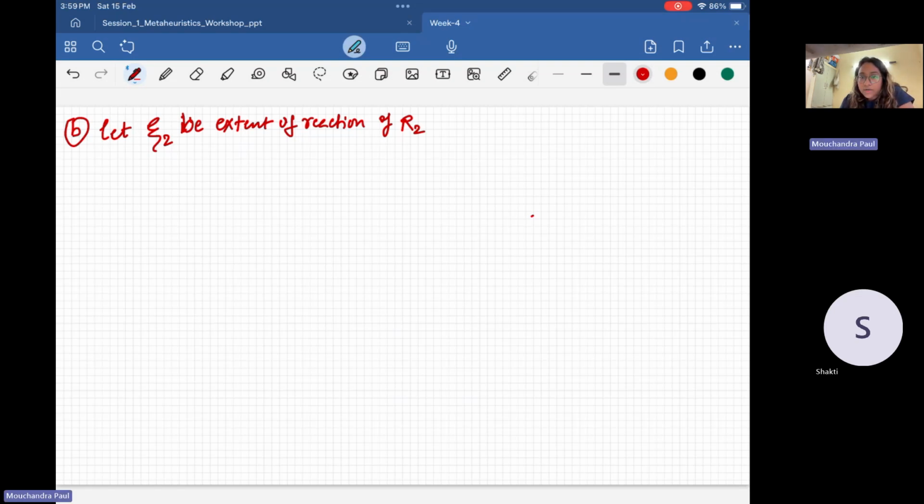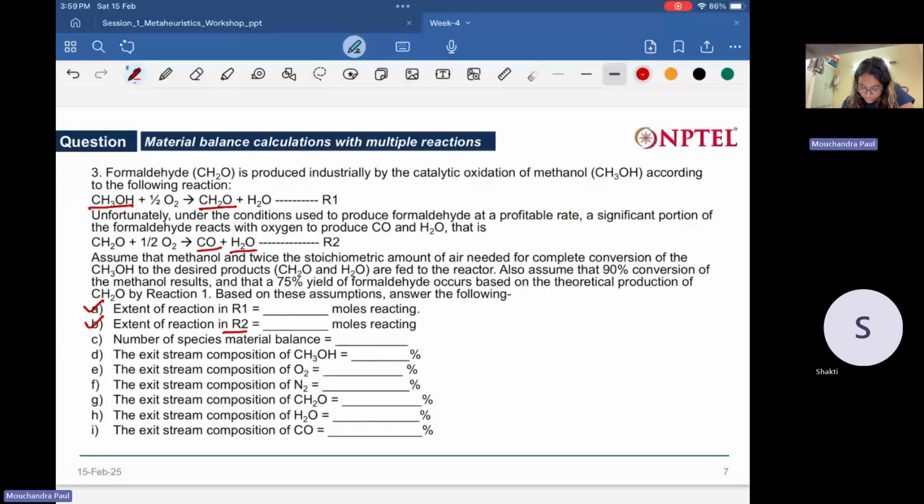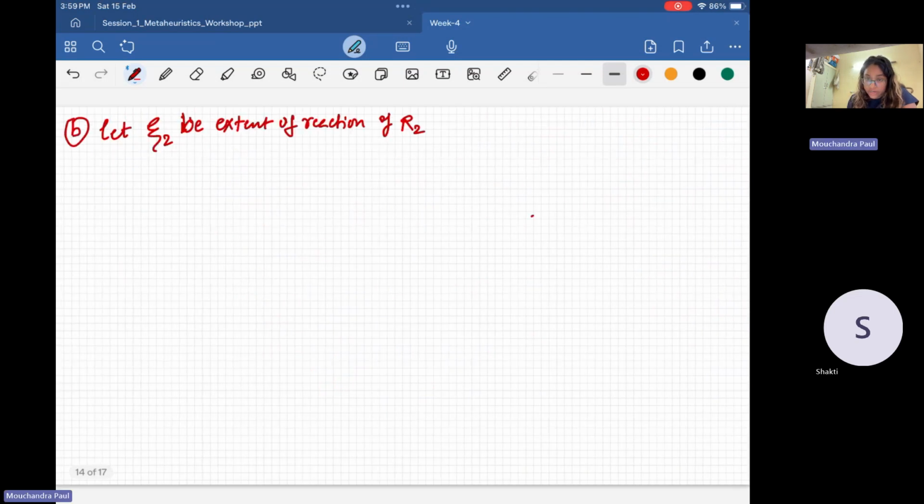If you see the R2 reaction, there are formaldehyde and oxygen, these are the reactants, and carbon monoxide and water are coming out. So we can write a similar equation for the species formaldehyde.